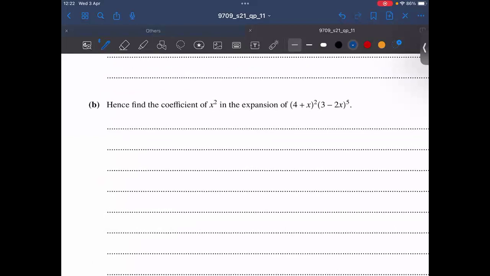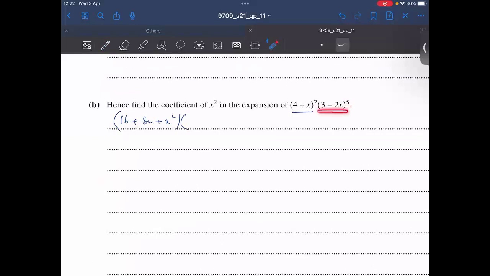Okay. So I can just expand this bracket because it's just raised to the power of 2. So it's going to be (4 plus x) whole square, so 16 plus 8x plus x square. All right, and first three terms, although I have this is 5, so I have a total how many terms?